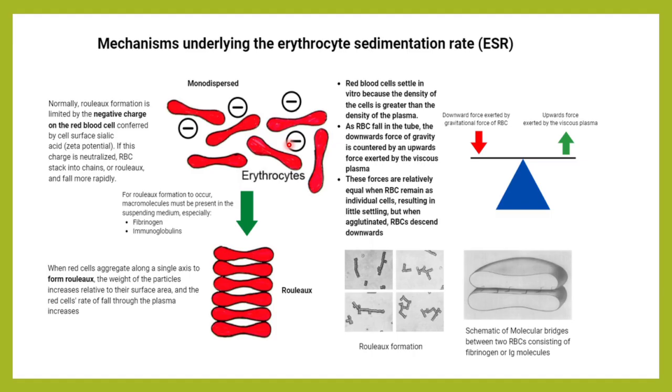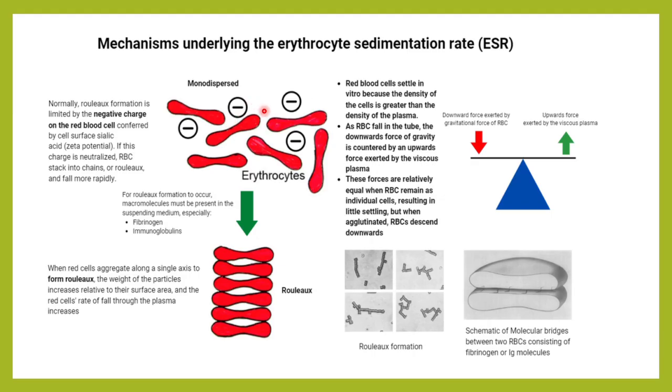And this negative charge is given by the surface sialic acid, and this is called the zeta potential. If we neutralize this charge, then the RBCs will stack into a chain, forming rouleaux, and they will come down rapidly. Okay, so the first thing is this neutralization of the zeta potential.